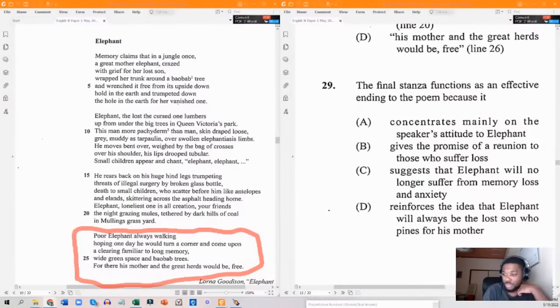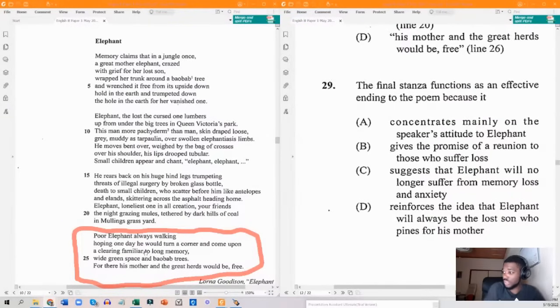This might be the most difficult question on this entire paper, because there are two answers that really look good. But there's one answer that is the best. All right, 29.